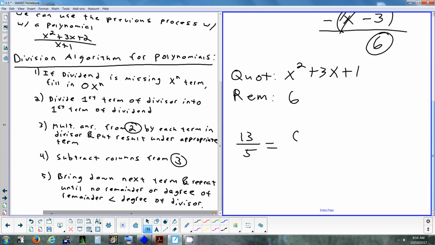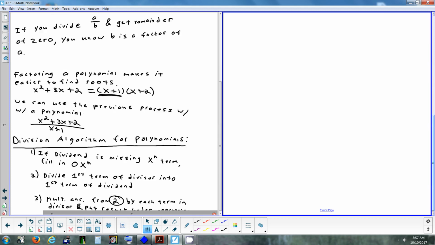So you could say, quotient 2, remainder 3. Or another way you can write it is 2, which is your quotient, plus your remainder over your divisor. 2 plus 3/5. So we could do the exact same thing with a polynomial.